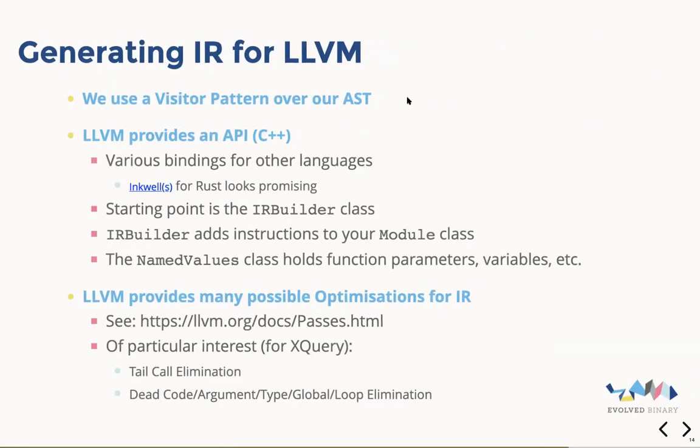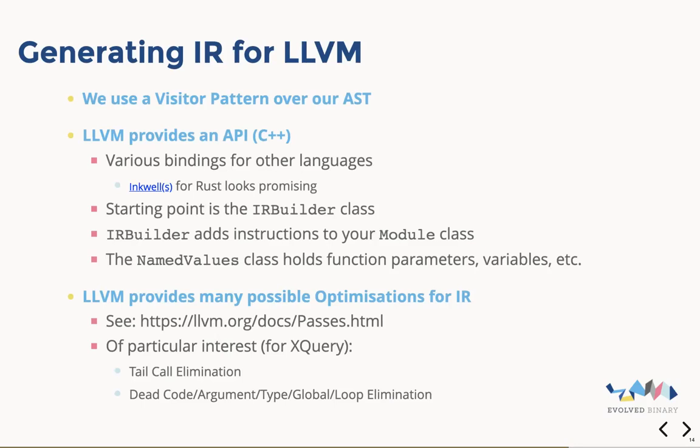So once we have our abstract syntax tree, how do we actually go from that to generating intermediate representation code, which we can feed into LLVM? And from there, obviously, LLVM can do its business and create our executable machine code.